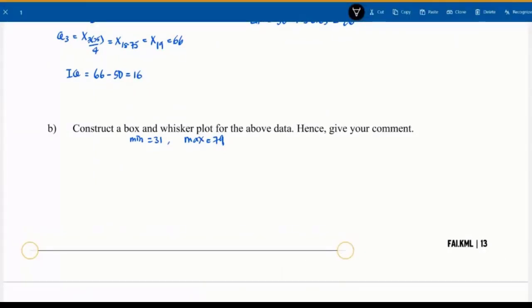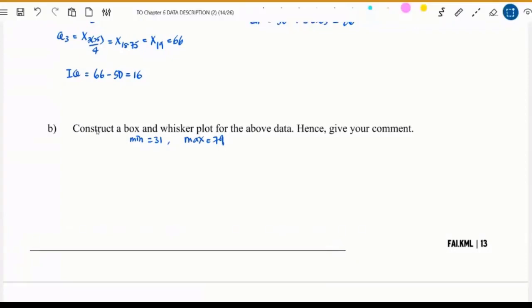Okay, so we have 20, 30, 40. So make sure you use your ruler. And then here 90. Okay, so we have your lower inner fence, which is 26.